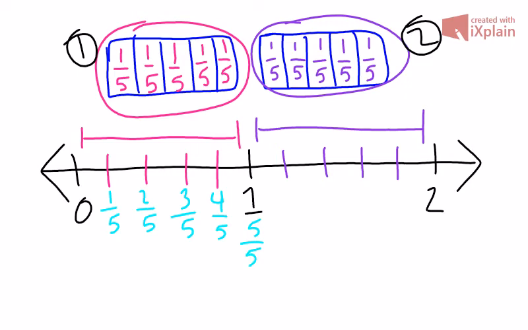And then I'm going to do 1 to 2 the same way, except I'm going to pick up with 6/5. That's my first fraction greater than 1. And then at 2, I write 10/5.